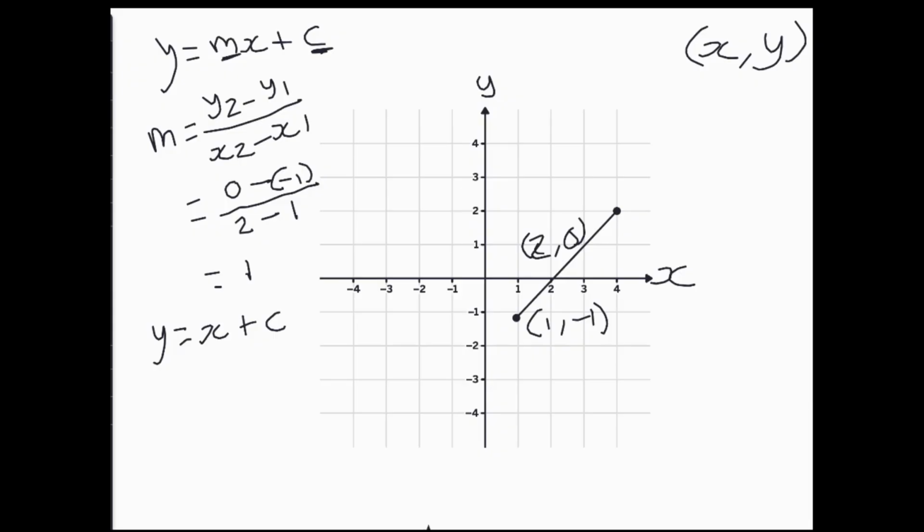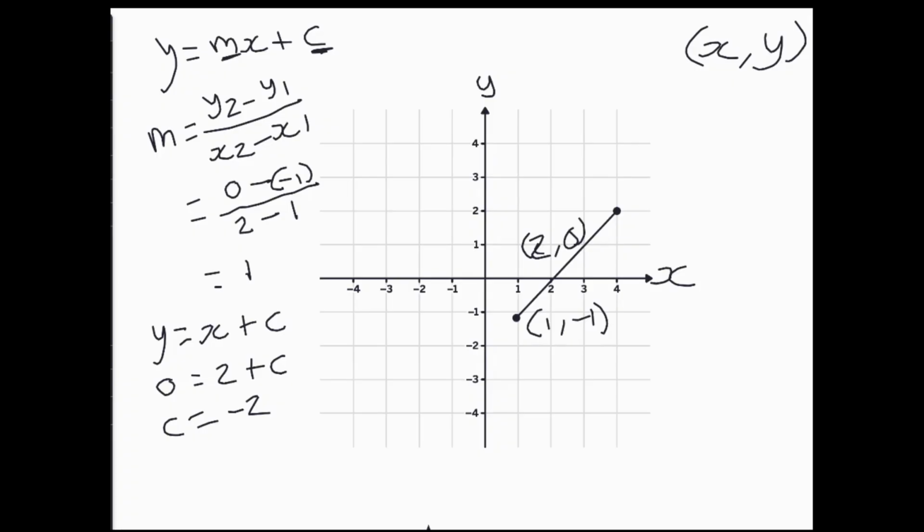Okay, let's see if we cannot put y as 0, which equals 2 plus c, and then that would make c equal to minus 2. Yeah, okay.